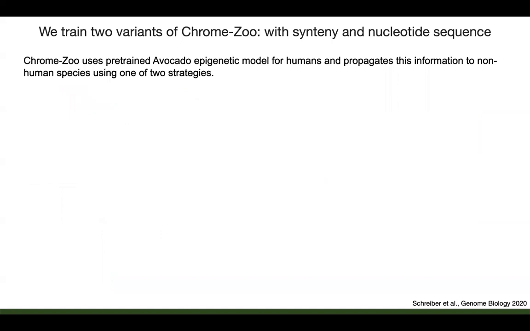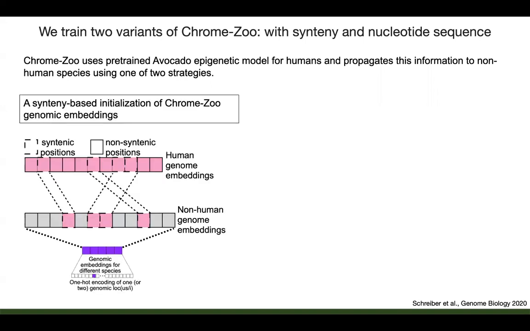To do so, chromzoo actually leverages pre-trained positional epigenetic embeddings of the human genome from a previous model from our lab, Avocado, and then it propagates this information to non-human species using one of the two strategies.